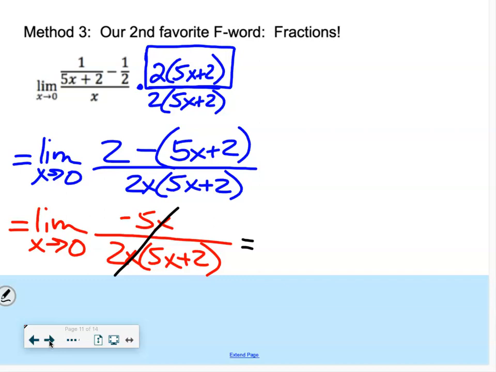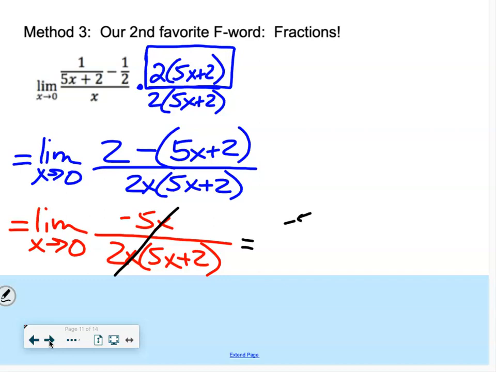Good? Okay. All right. I have canceled common factors, so I'm ready to plug in my numbers. Should I rewrite my limit statement? No, because I'm about to plug in my number. As soon as you plug your number in, you don't write your limit statement anymore. So if we plug in a 0 on top, what do we get?